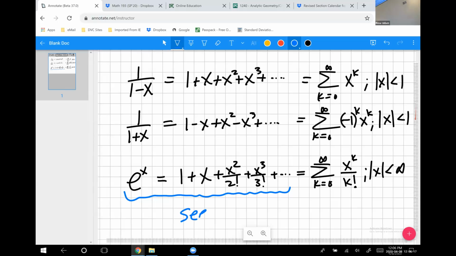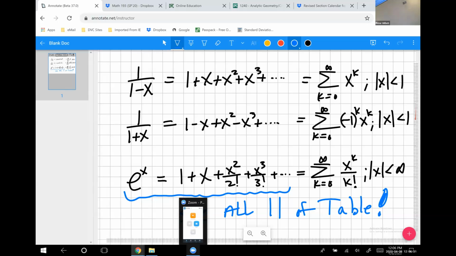See all 11 of the table. Okay, so that's where we're going to stop today, focusing on drawing your attention to this table and trying to wrap your mind around that. So let me stop the share, stop the recording.